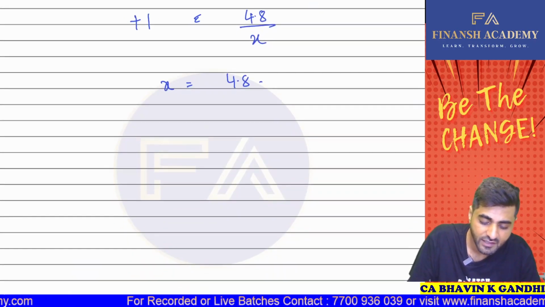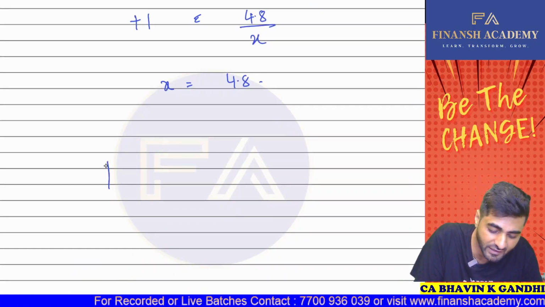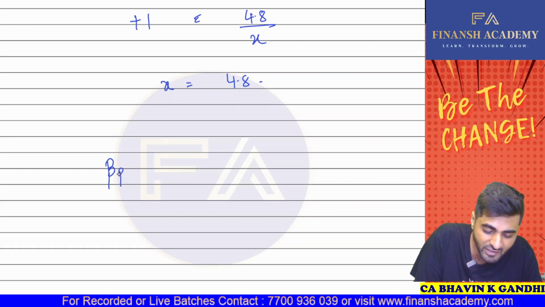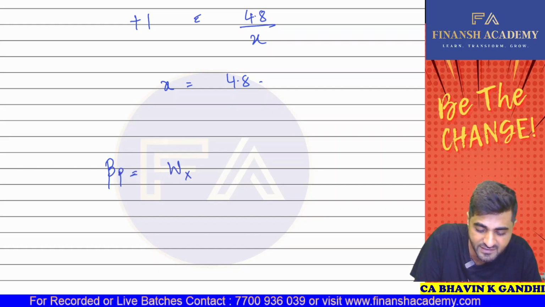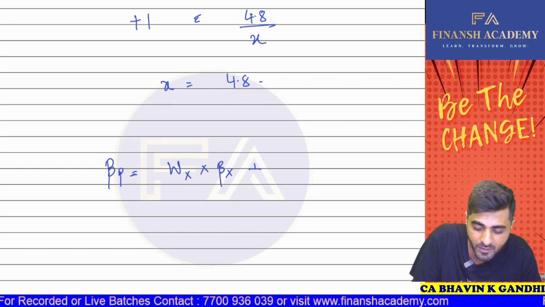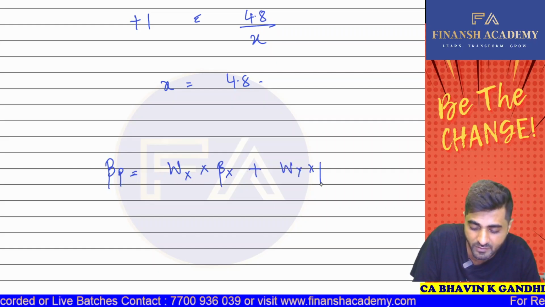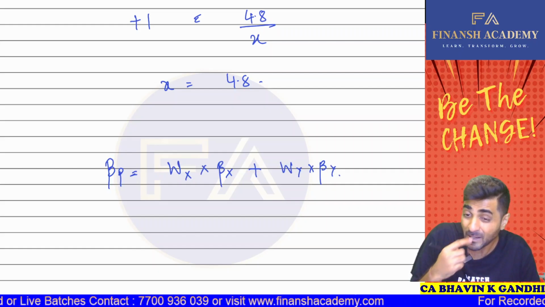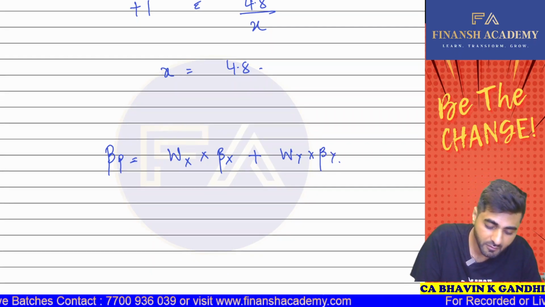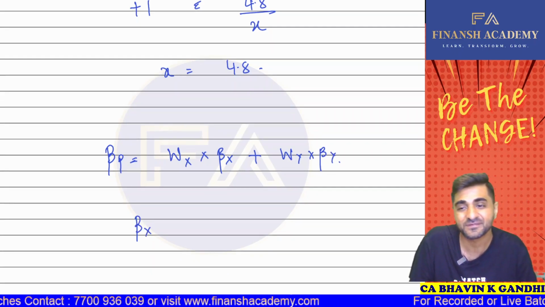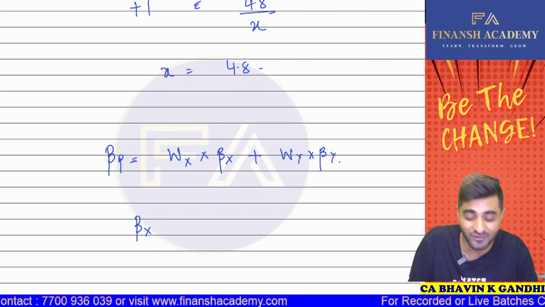So my dear students, when we are going to deal with beta, what is the beta of the portfolio? Weights of X into beta of X plus weights of Y into beta of Y. Okay. Now, how do you calculate your beta of X? So, calculation of beta.